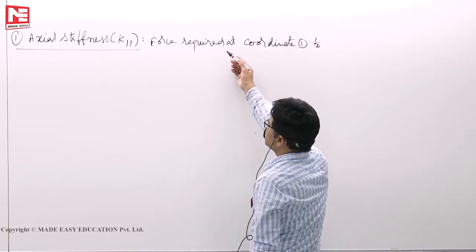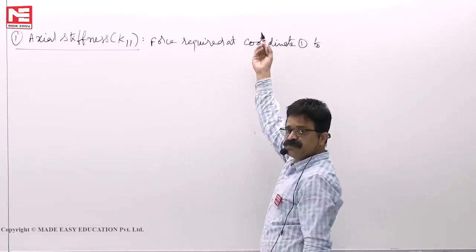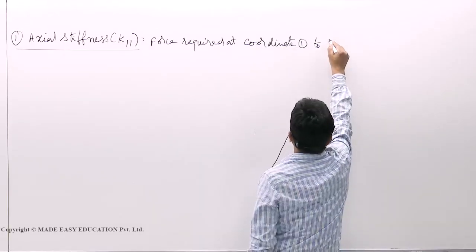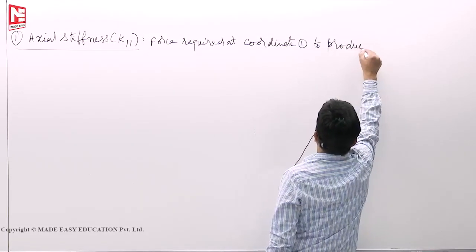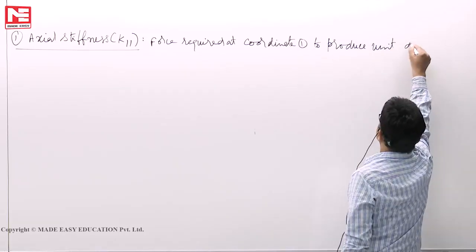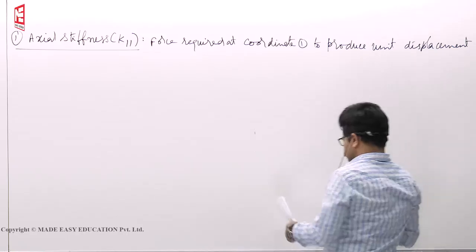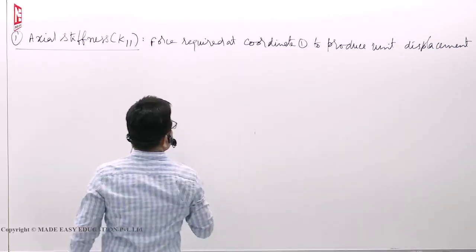So we know this one from strength of materials. We don't have to use Castigliano's theorem. 1. Force required at coordinate 1 to produce unit displacement at coordinate 1.